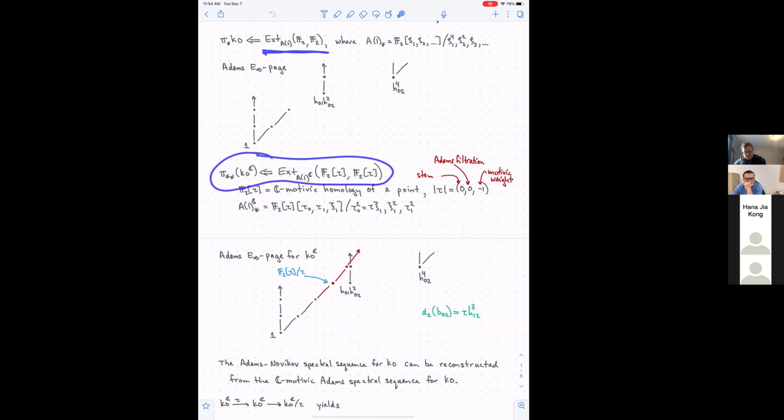There are two changes. First of all, F2 has been replaced by a graded polynomial ring, F2 adjoin tau. And A(1) has been replaced by C-motivic A(1), which I've described here.